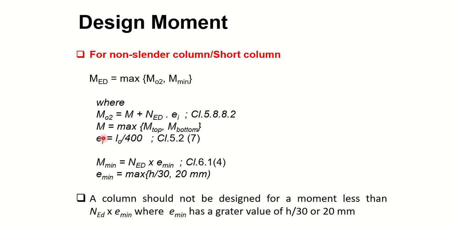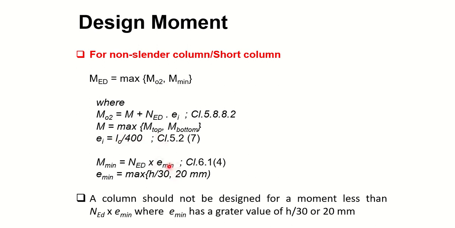Next is M minimum, which is also an imperfection moment, NED times E minimum, instead of EI, where the formula of EI is based on the effective height.